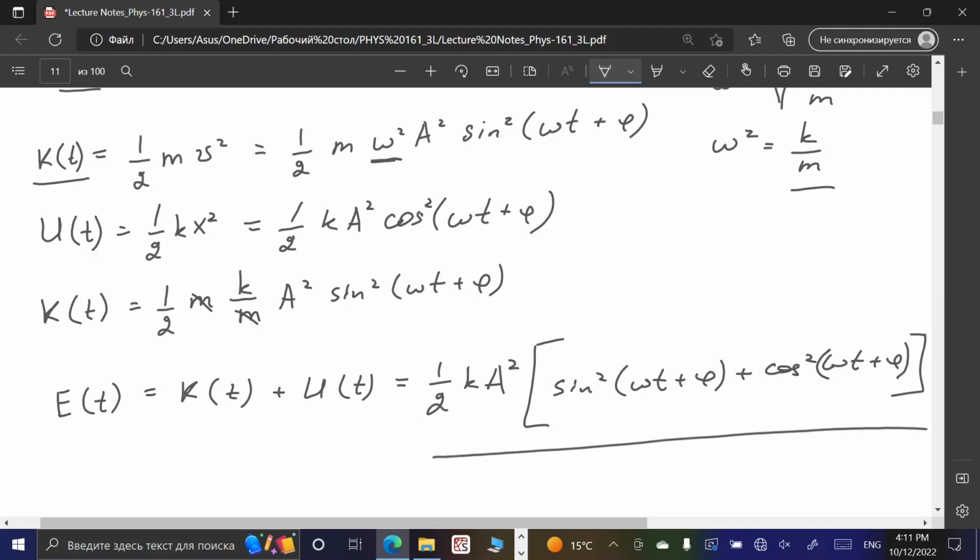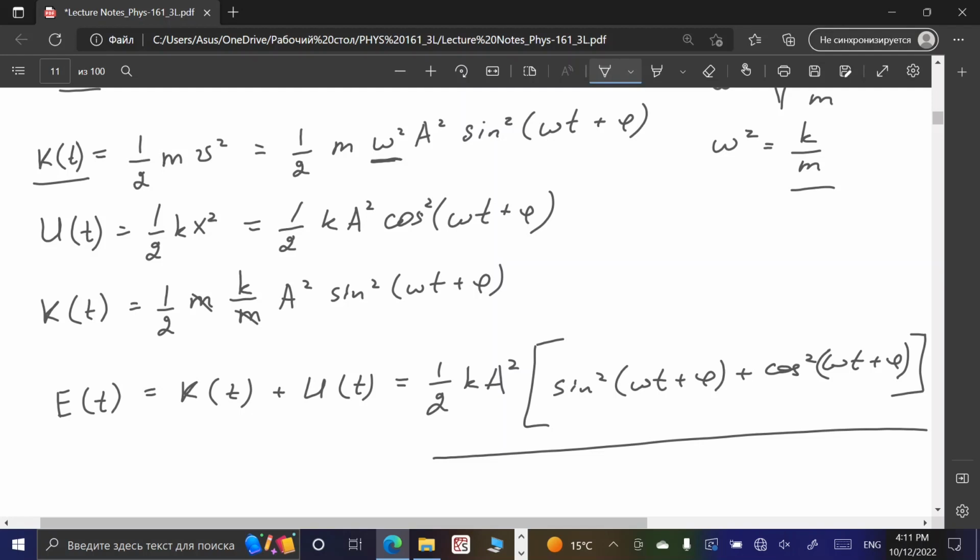So this is the expression for total mechanical energy of a simple harmonic oscillator considered in the model system block spring. And now what can you tell about time dependence of this?